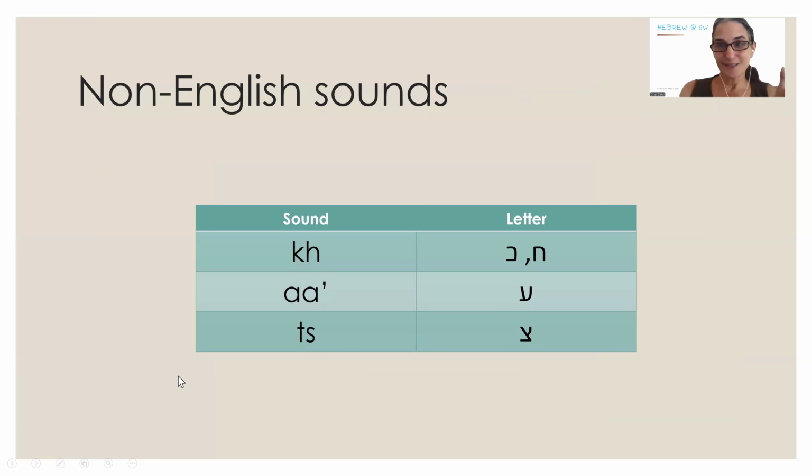I also want to give you a heads up that there are a few letters that make sounds that you maybe are not familiar with in English, or you're not used to making. For example, the famous che, cha. You have actually two letters that make this sound. A little bit difficult, but we'll practice and we'll get there.